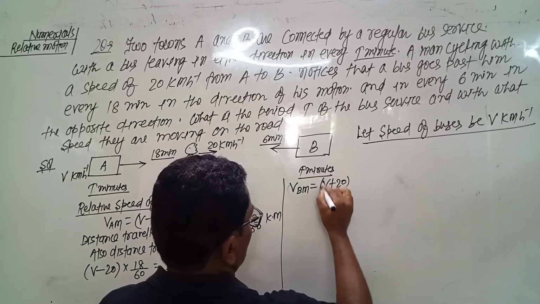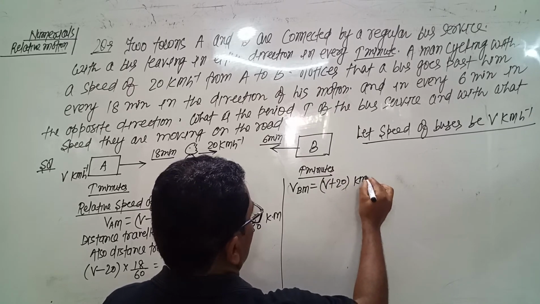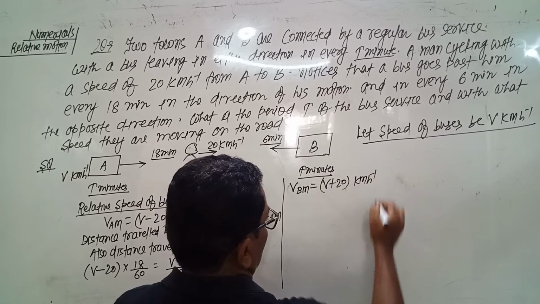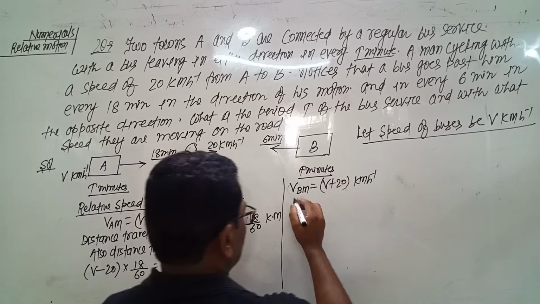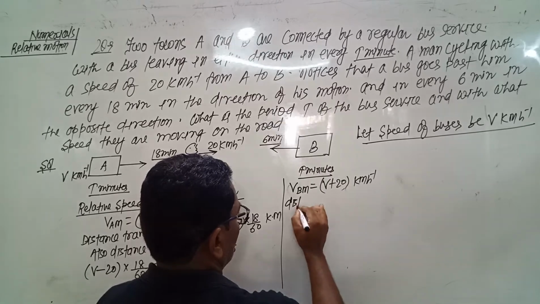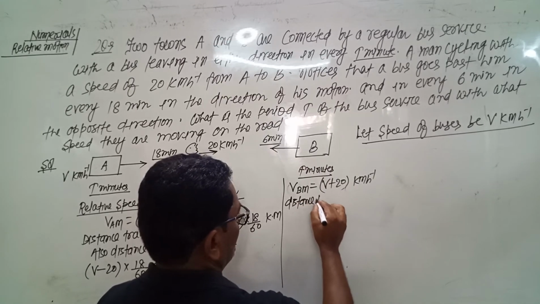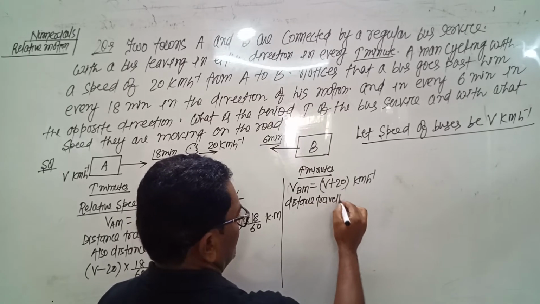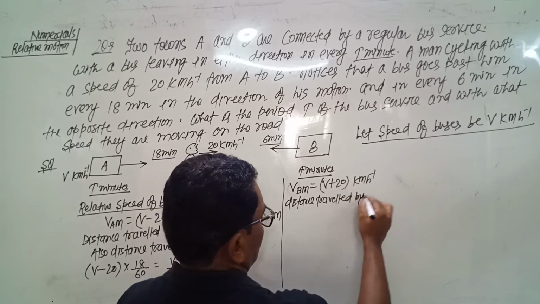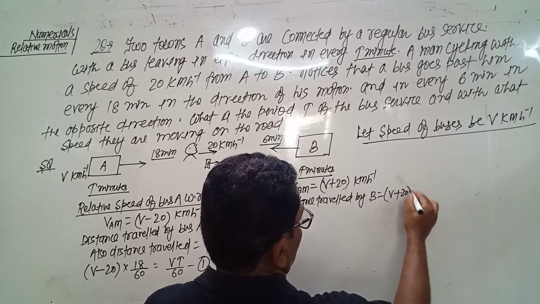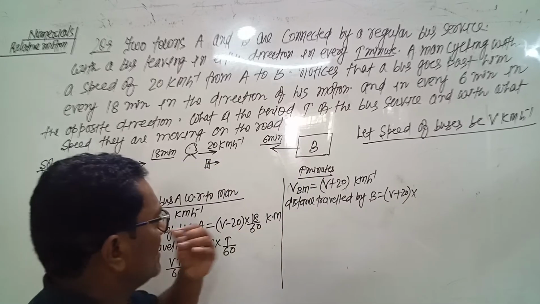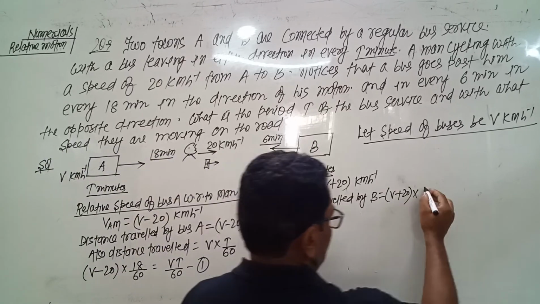So v plus 20 km per hour, and distance traveled by bus B equals (v plus 20) into 6 by 60 km, since every 6 minutes a bus crosses.